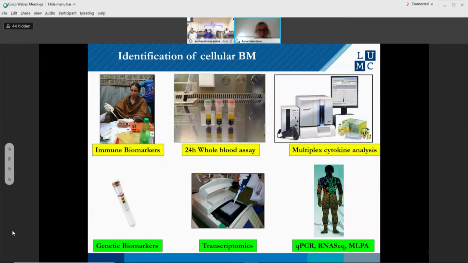And in addition to that, we are also working on the identification of genetic biomarkers, and we use transcriptomic analysis for that. So for instance, qPCR, RNA-seq, and MLPA.